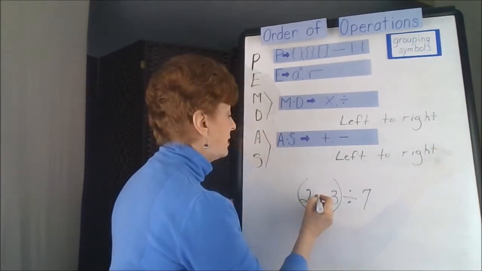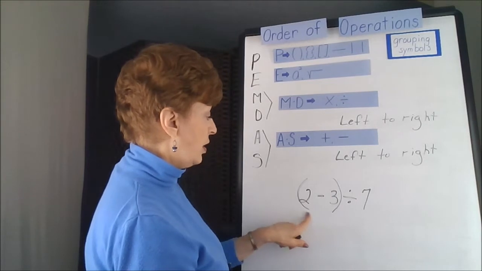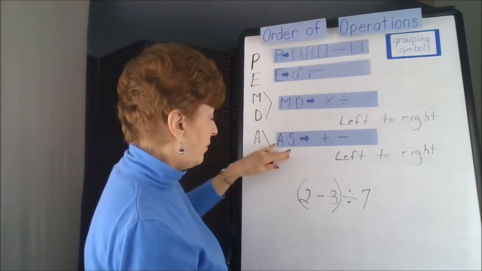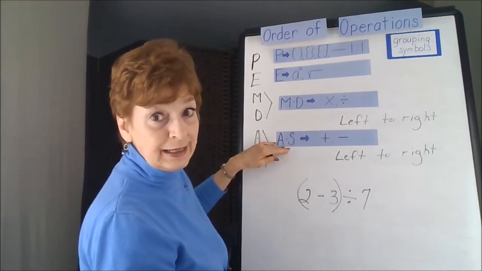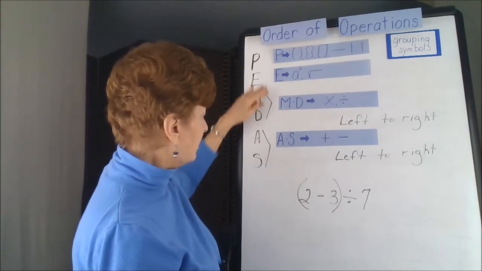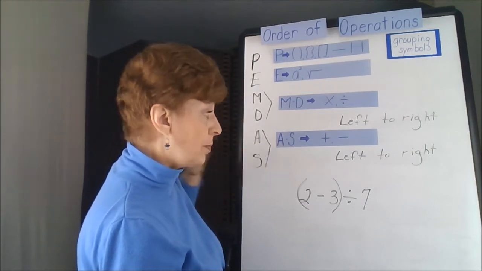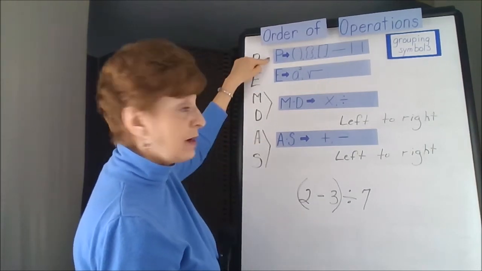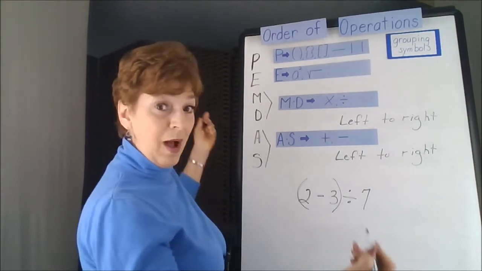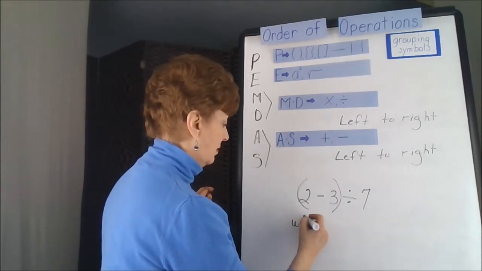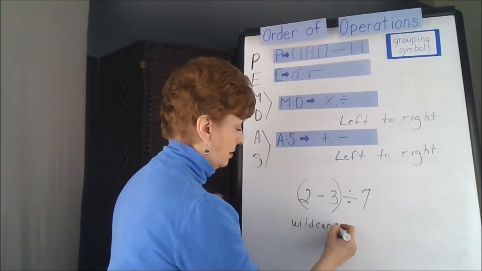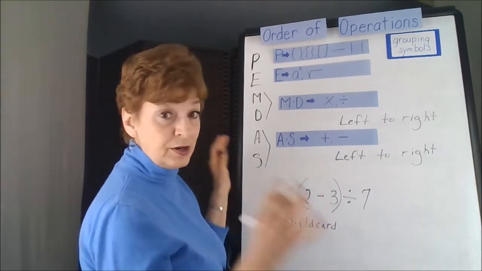Let's make it subtraction. If you want to have your subtraction done first, which is really coming last in our series, we do subtraction last, but as soon as you put a parenthesis around it, it becomes a wild card. It says, do me first, do this first.